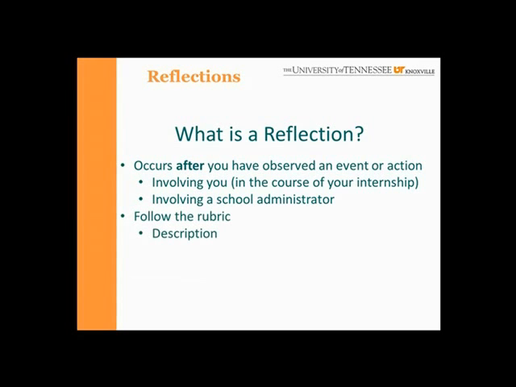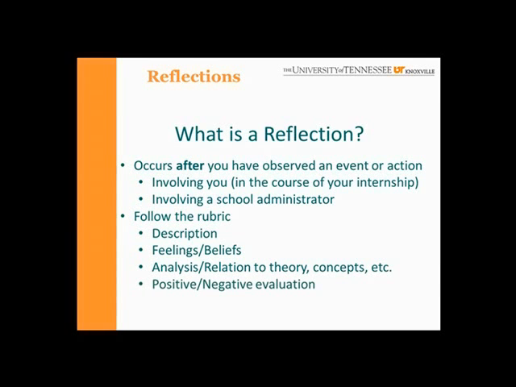To help you as you write your reflection, just follow the rubric and look at what the different categories are. Make sure you include a description of the action or the event. The better the description, the better your score on the rubric. Be sure to include your feelings or beliefs about the effectiveness of what occurred. Try to relate the event to theories or concepts or lessons or even experiences you've had in the past, or analyze the event, break it down into its parts and talk about how those relate to the event.